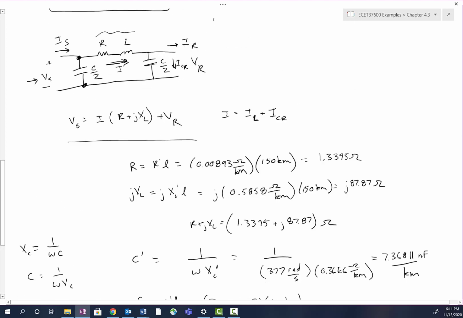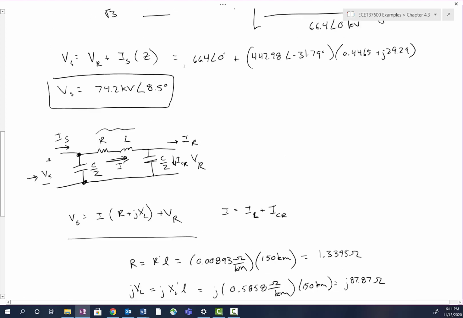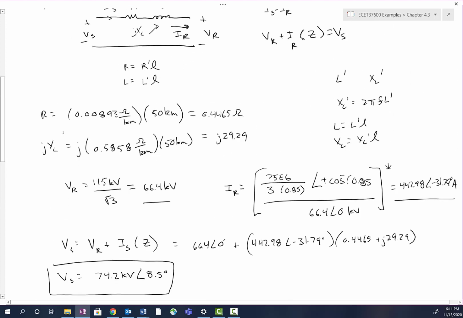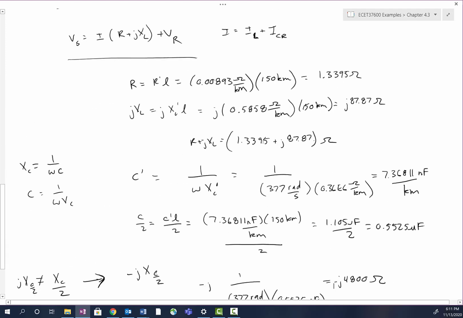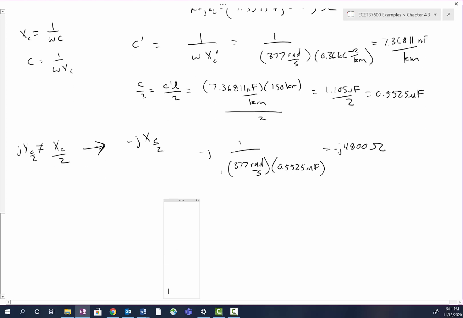Again, we need to know what the known quantities are right here for VR and IR. It's the same system as before, so the calculations we did up here are the same. It's the same load voltage and the same load current. We just changed the length of the line. So the receiving end stuff is the same.